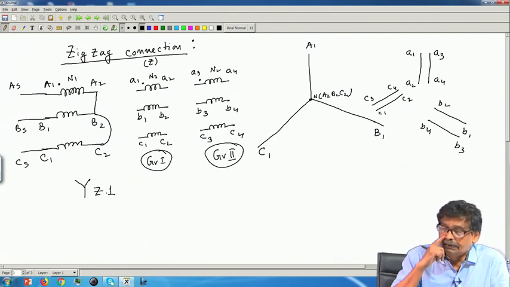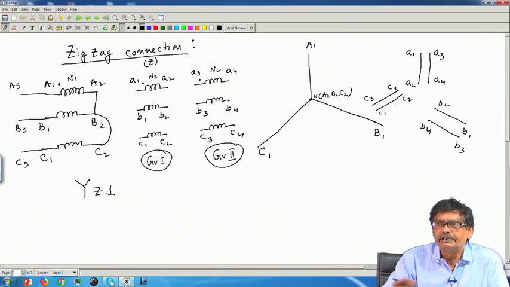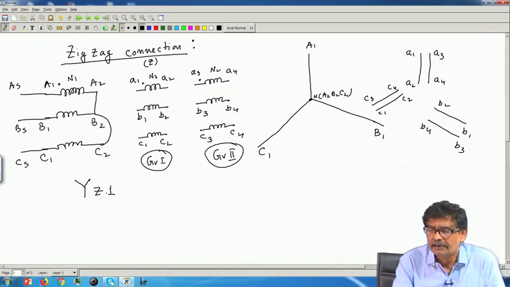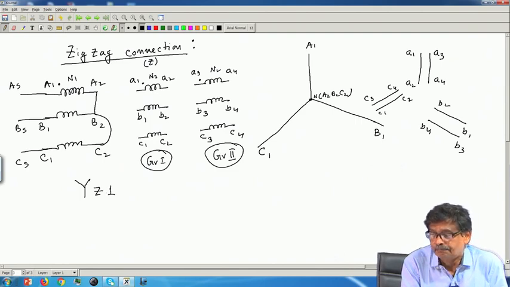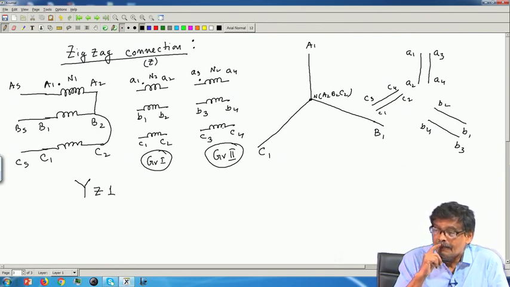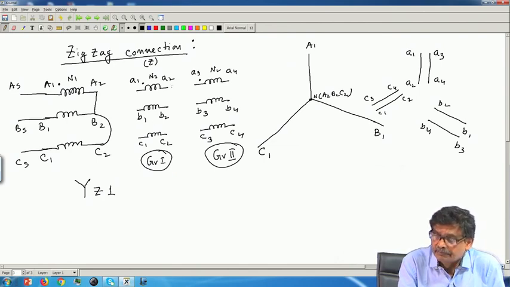Zigzag connection, although it is not yet done, but I told you it will come effectively a star connection, that is most probably 1, let us see, okay, Yz1, effectively star connection, but two coils will belong to two different phase groups and at the end three terminals will be shorted.